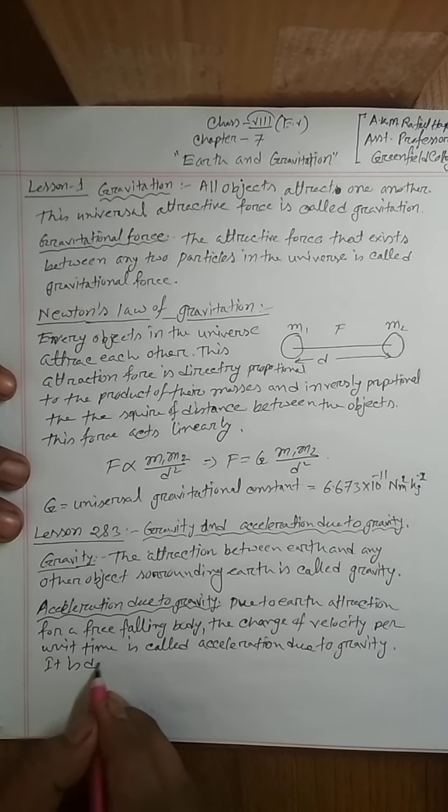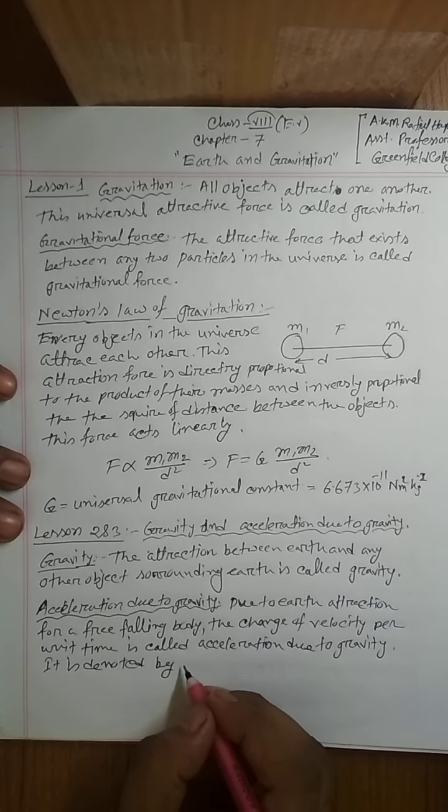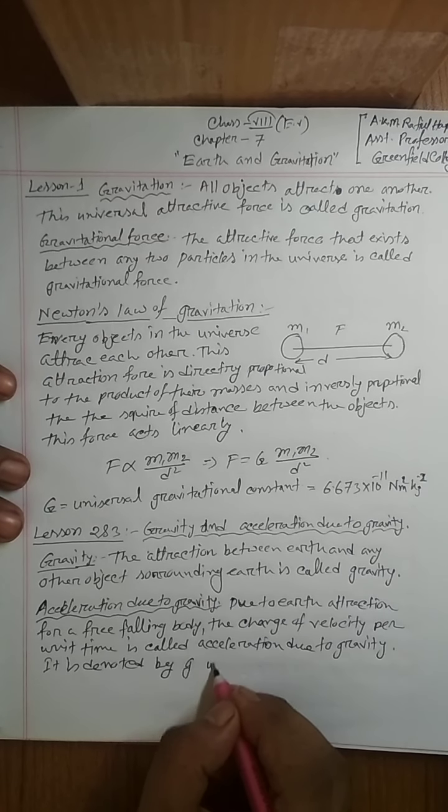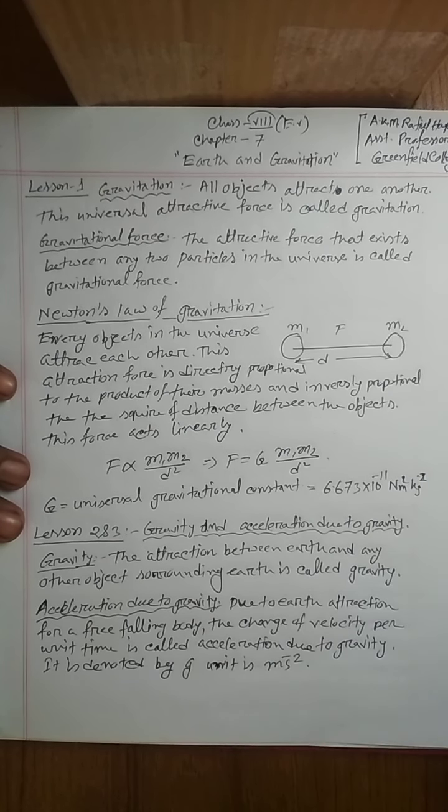It is denoted by G. The unit is meter per second square.